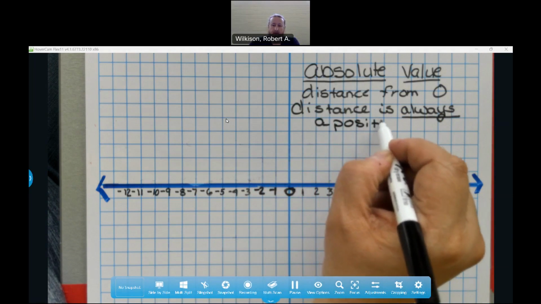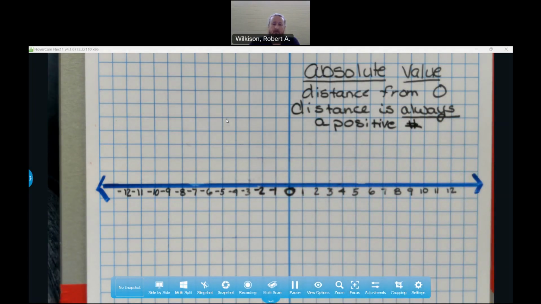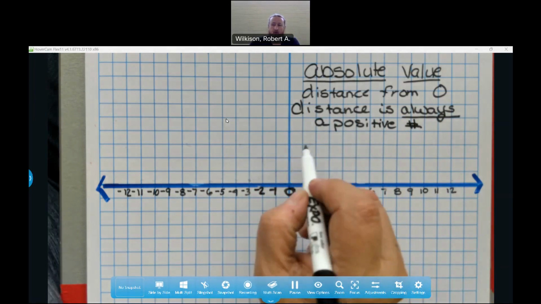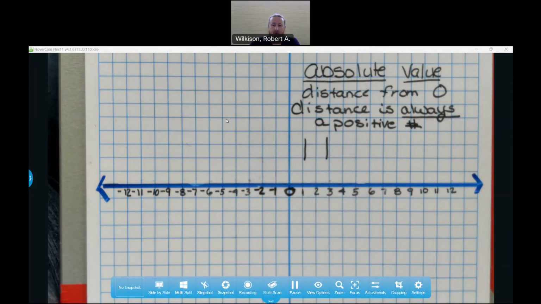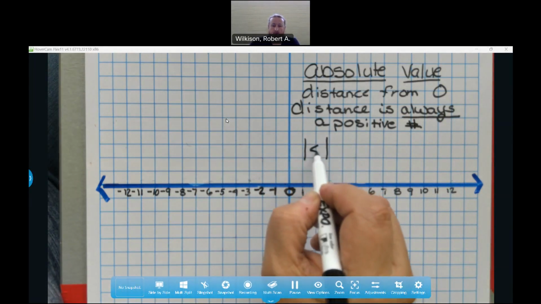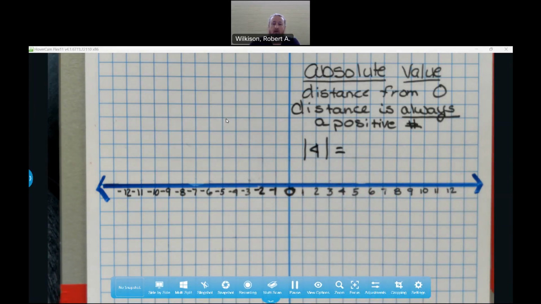So absolute value is given as a set of vertical lines around the number. So if we put these lines and then write the number 4, we are mathematically calling for the absolute value of 4.